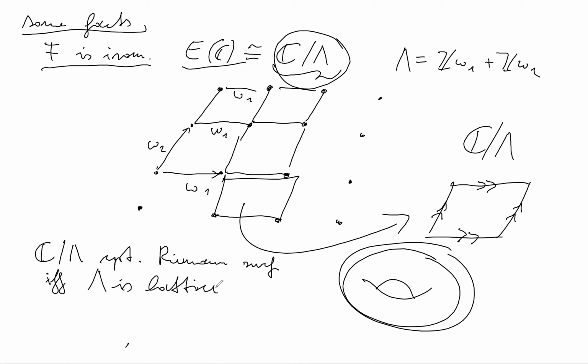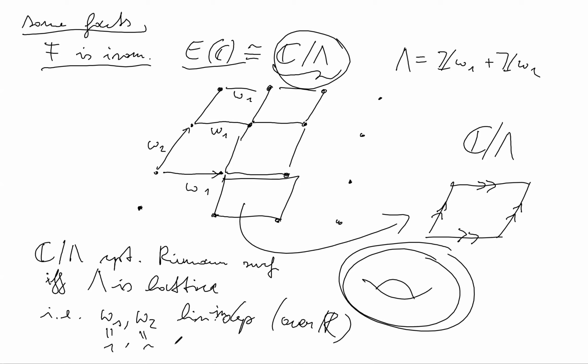You could convince yourself that if omega 1 and omega 2 were linearly dependent, this construction wouldn't give you this nice torus. That is, we need omega 1 and omega 2 to be linearly independent over R. The way you could normalize is to take omega 1 to be 1 and omega 2 to be any complex number.